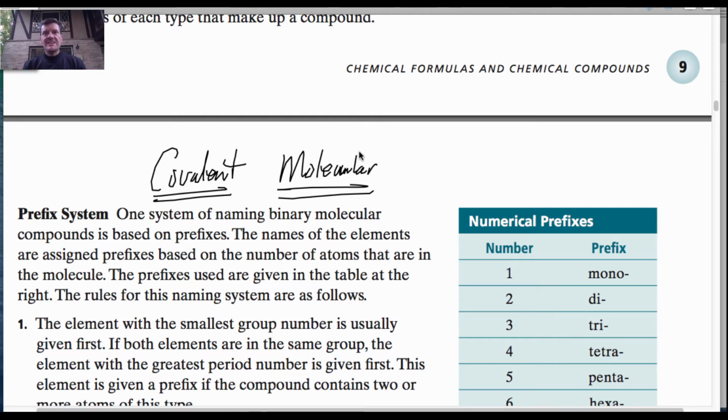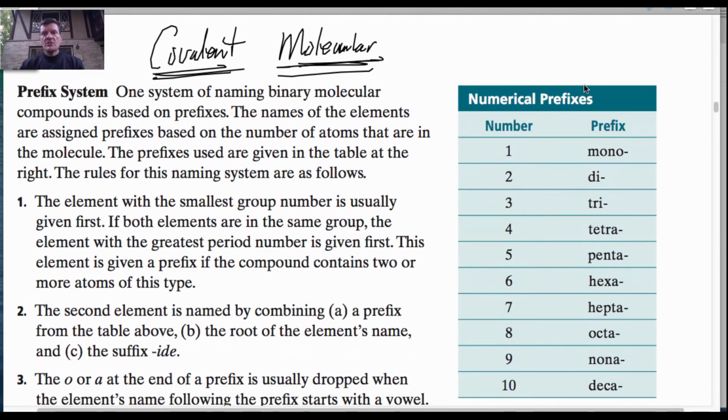There is a specific way to name ionic compounds. That's what I just finished talking about. Now we're going to talk about covalent or molecular compounds, and the naming process is slightly different. We are going to use prefixes to tell us how many of each atom are in the molecule.